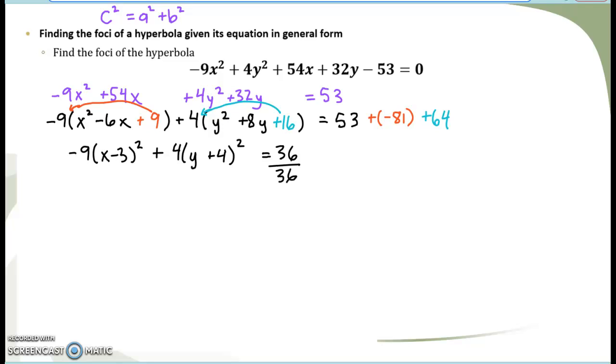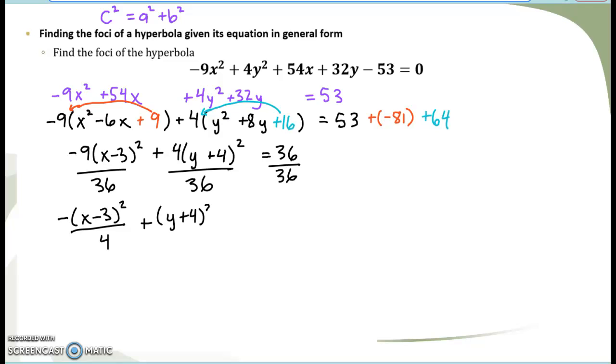Now, to get a 1 on the right-hand side, I need to divide by 36. And I end up getting negative (x minus 3) squared over 4, plus (y plus 4) squared over 9, equals 1.